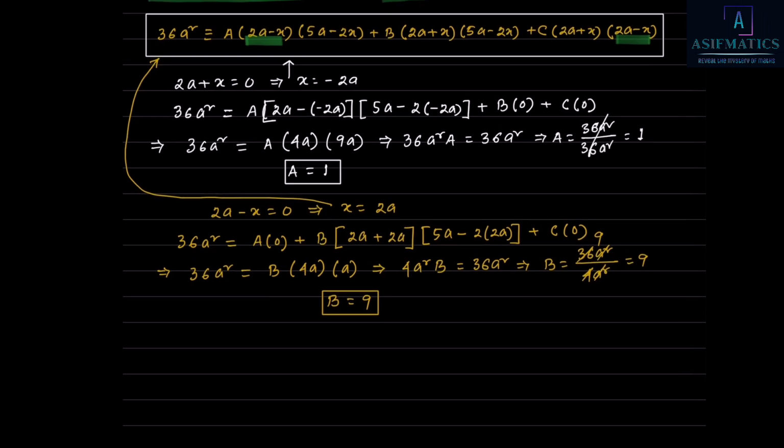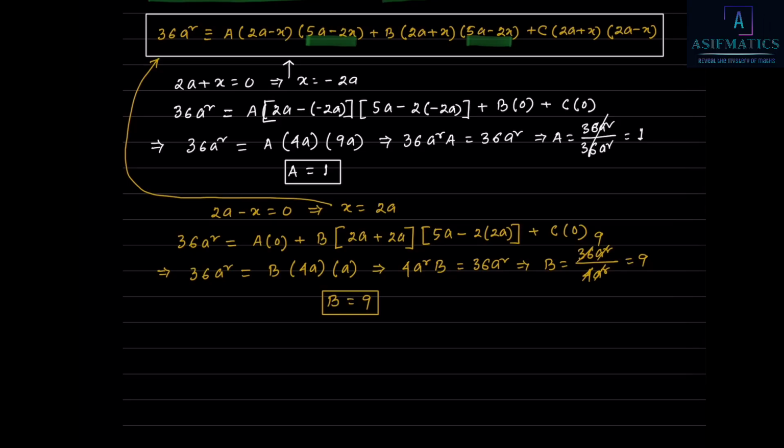Now we need to find c. To find c, we need to make a and b 0. If we take the value 5a minus 2x equals 0, then both my a and b terms will be 0.